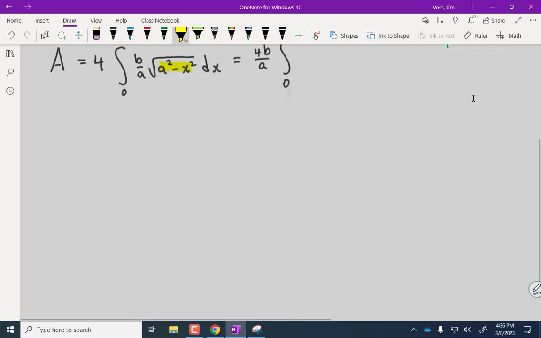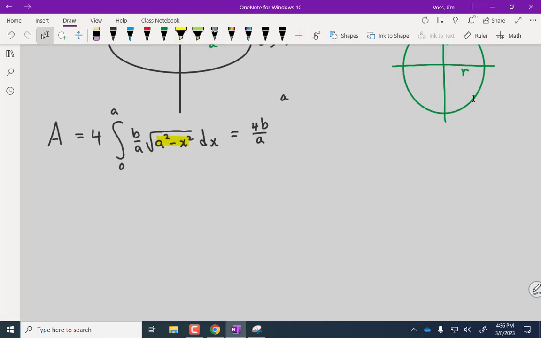A. So we're going to put that A coming out to the front right there. Integral square root of 1 minus x divided by A quantity squared dx. I see it now. So those A's cancel.